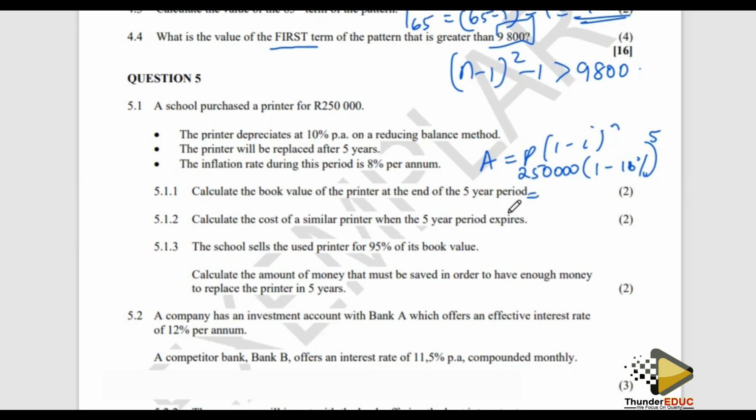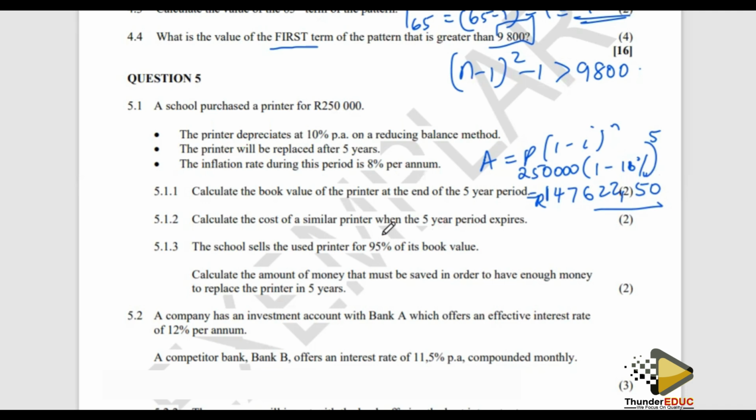Let me just substitute this: 250,000, 1 minus 10% to the exponent of 5. I'm getting 147,622.50. That's the book value.